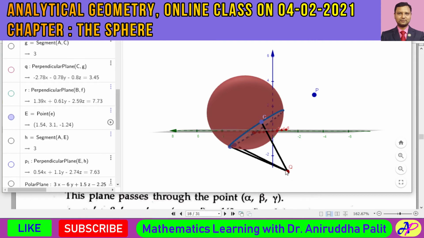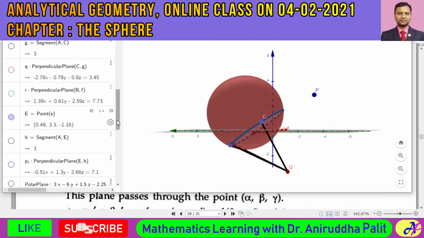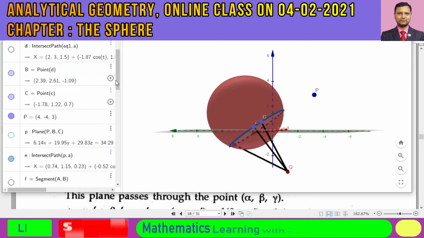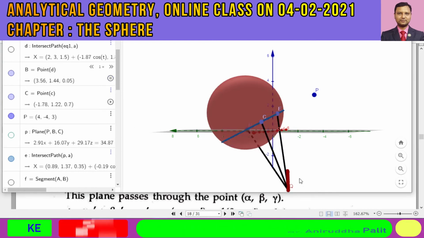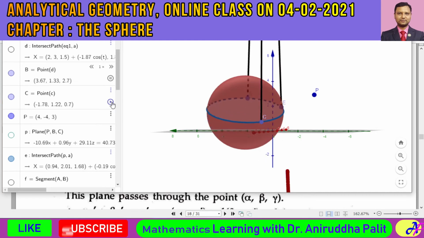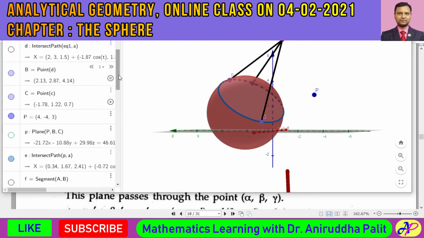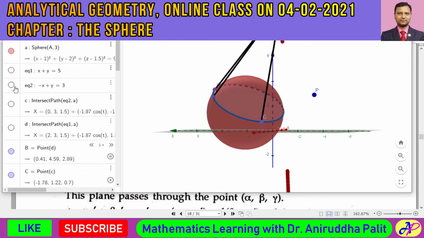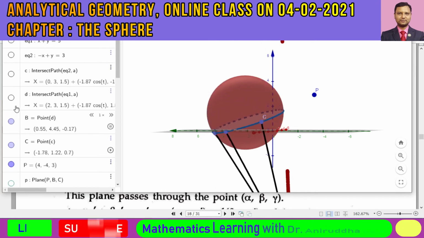I am going to show you the trace of this point Q. How is it moving? You see over here we are just changing the position of these 3 points, and ultimately you will observe that these 3 points are always passing through a particular plane.